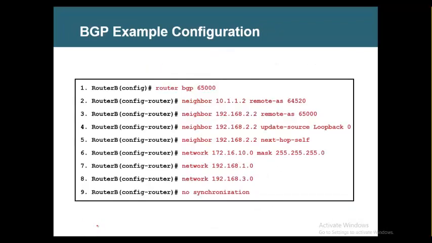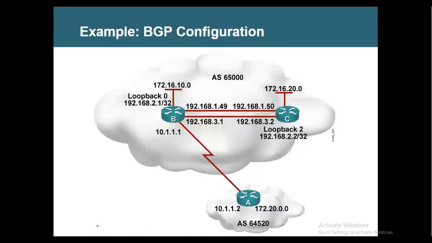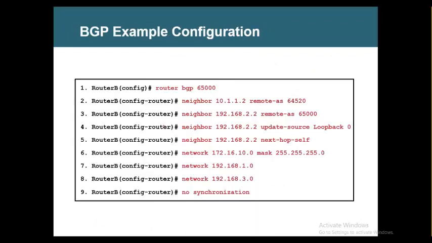Fine, this is an example of how to do BGP configuration. When you say router BGP 65, the router becomes part of the autonomous system. You need to configure the neighbor by using the neighbor command to activate the neighbor on either side. This is an eBGP neighbor because the autonomous system number is different.